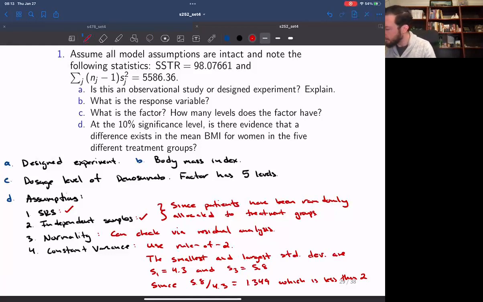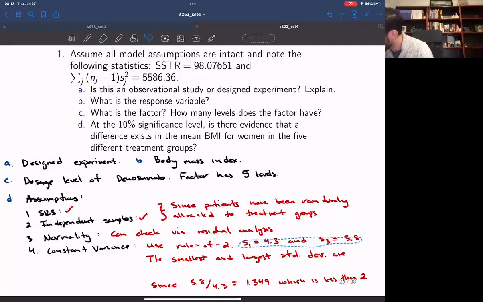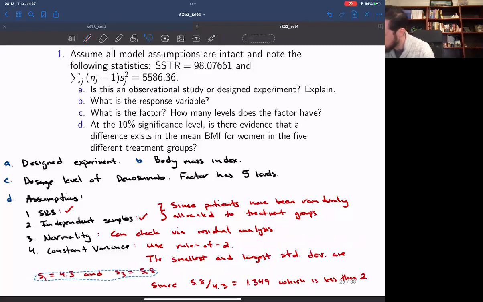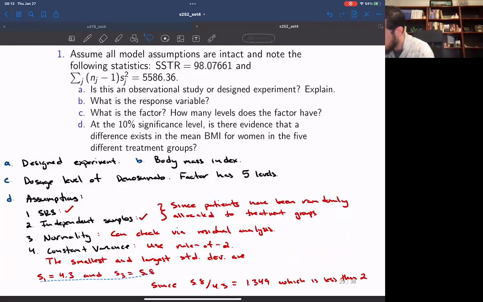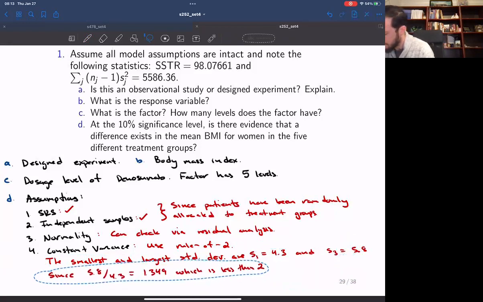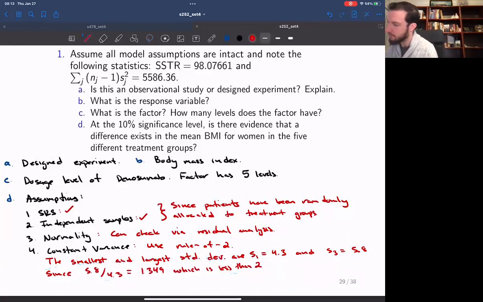So we can assume the variances are equal. Okay. So I'll just put a little check mark there.